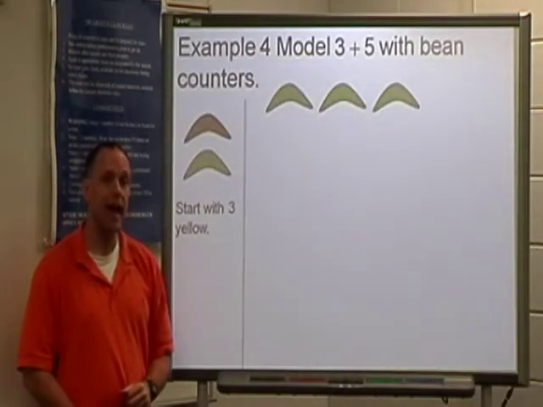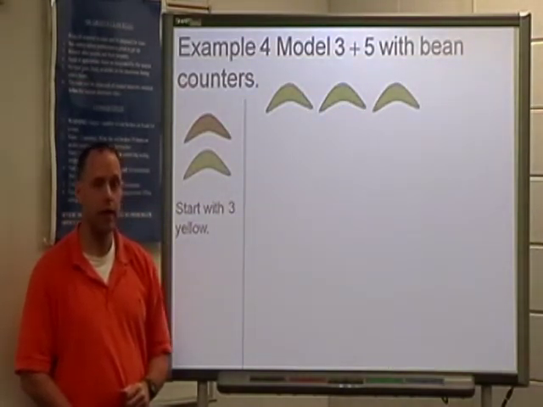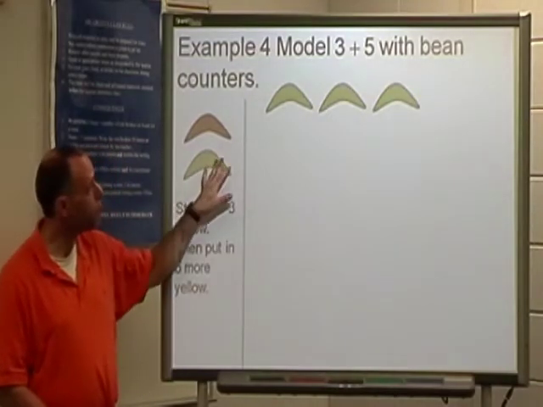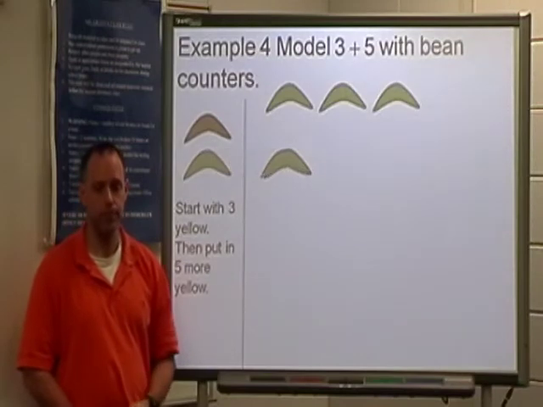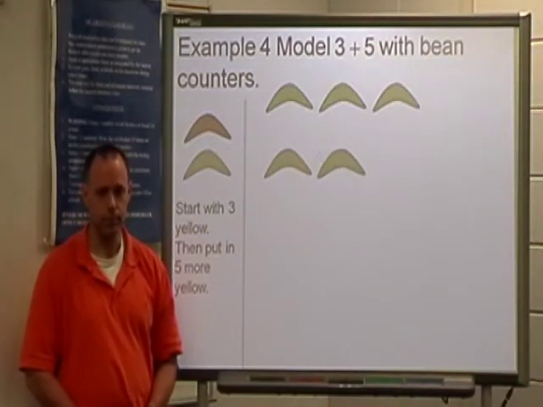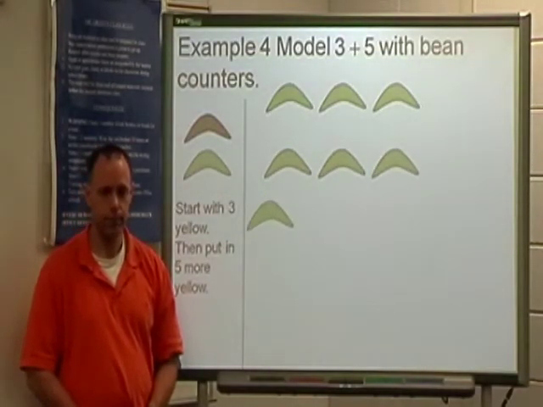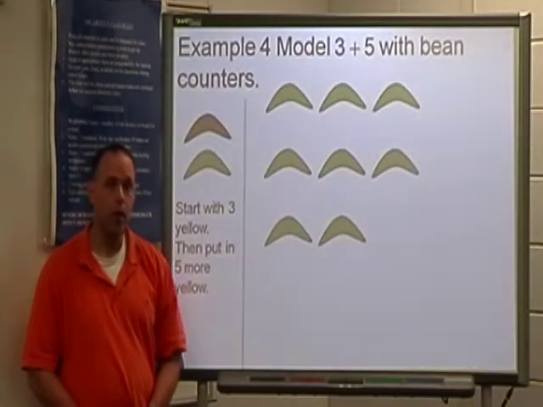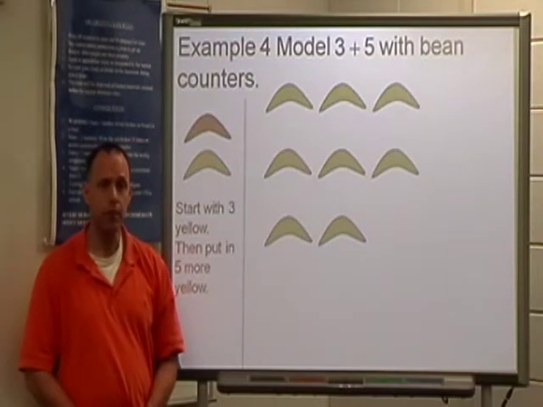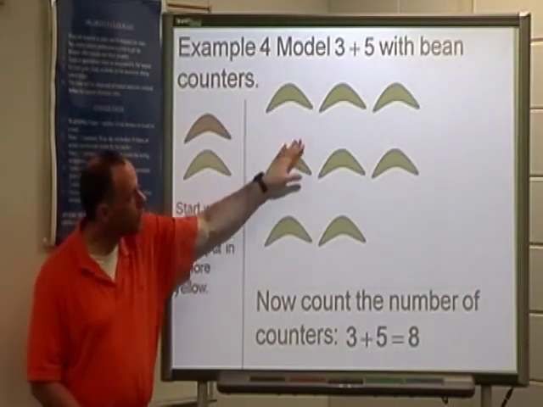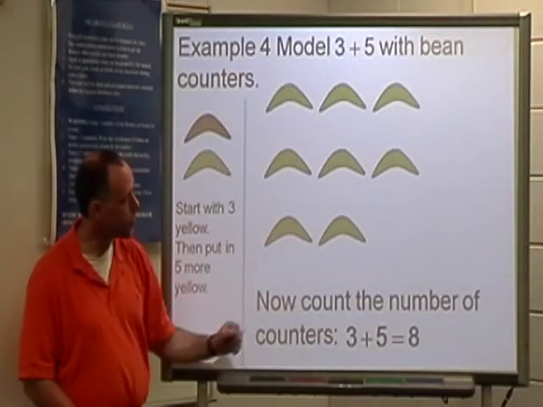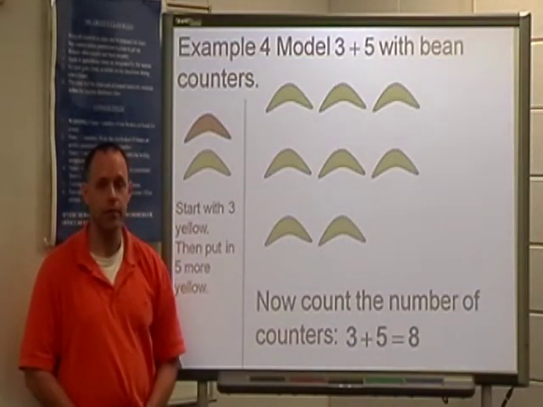Now, since I want to add +5 with that, I need to slide 5 more yellow bean counters into my workspace. Now, to find out what 3 plus 5 is, simply count the number of bean counters in the workspace, and counting across, 3 plus 5 equals 8.